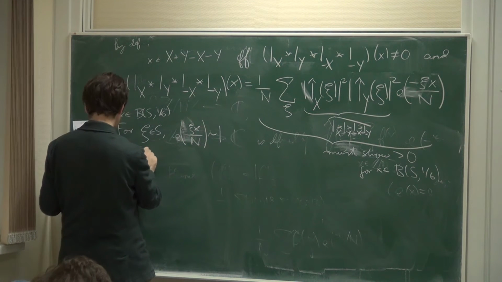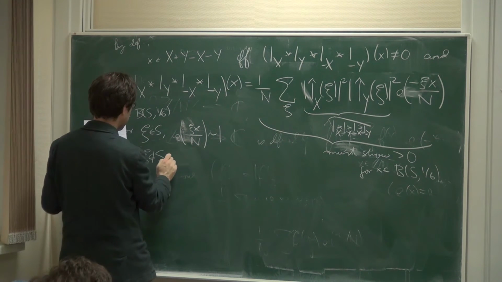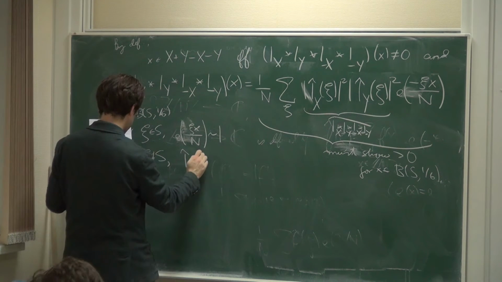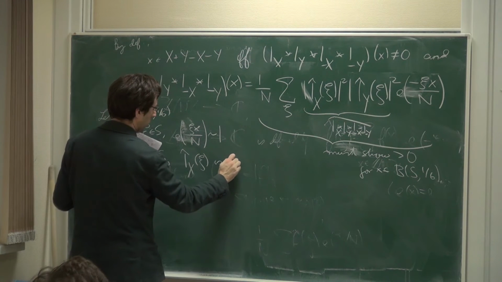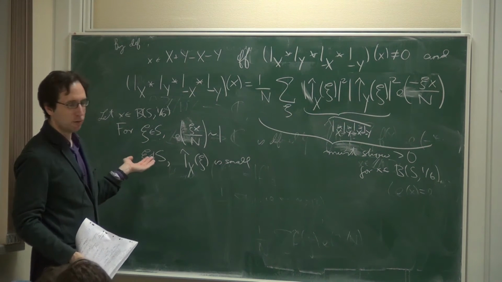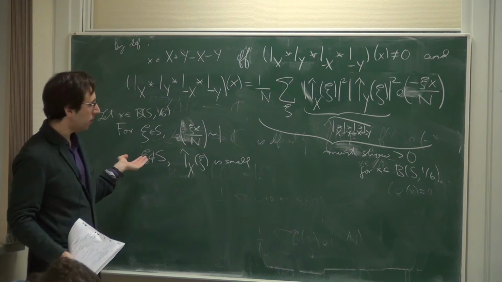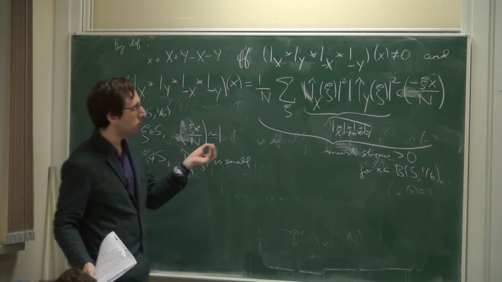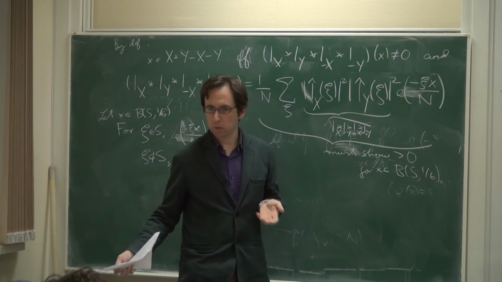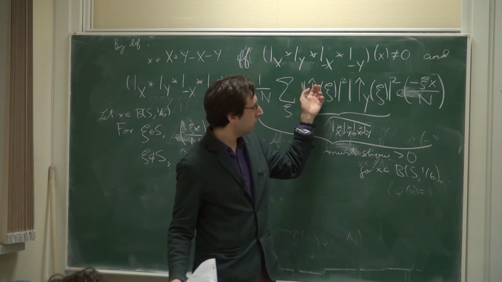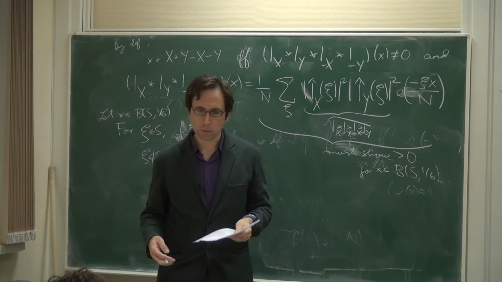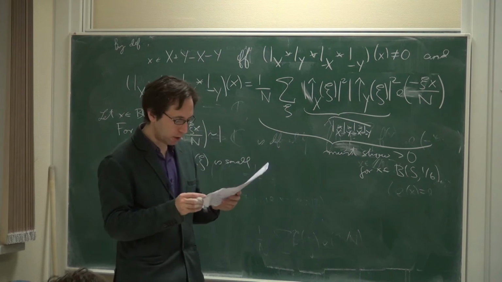Whereas for psi not in S, this is small. Why? Because we defined S to be the spec. So that's the idea. You will have this contribution of these positive terms for psi in S, and then the other terms will be small by definition. These terms where psi in S will have this close to 1, and the other terms will be small. So that's the idea of the proof. Let me actually write it down in full.